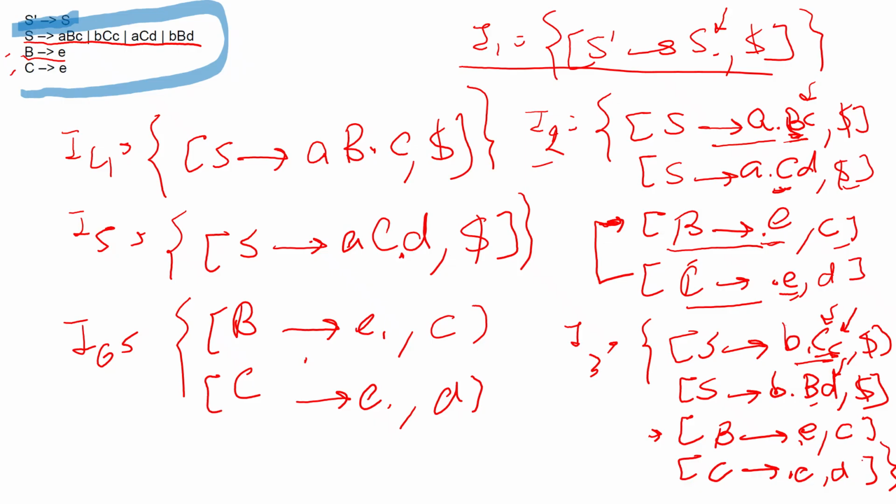Because the dot is at the end, we can do nothing, so we close this set. Similarly for I5, I4, I5, I6 are constructed from I2, and we make the same for I3. So in this case we remove all of I2 because we don't need it now.